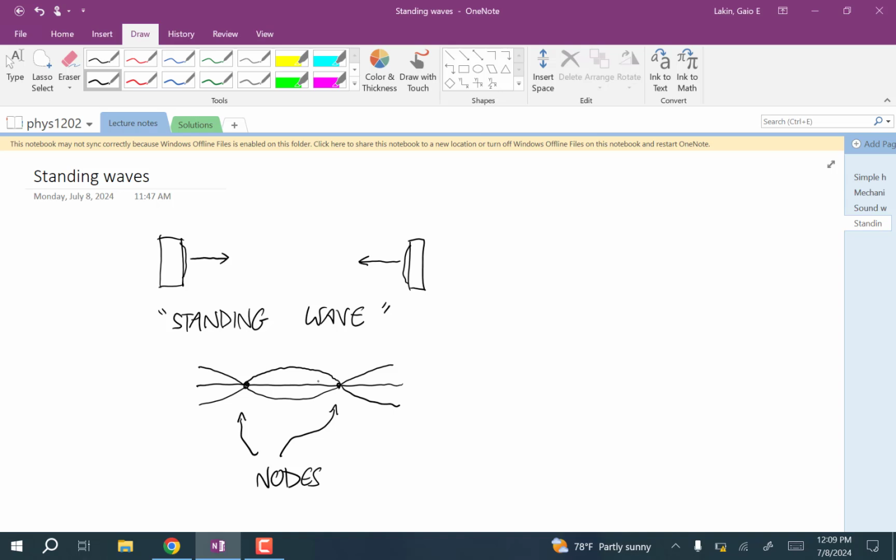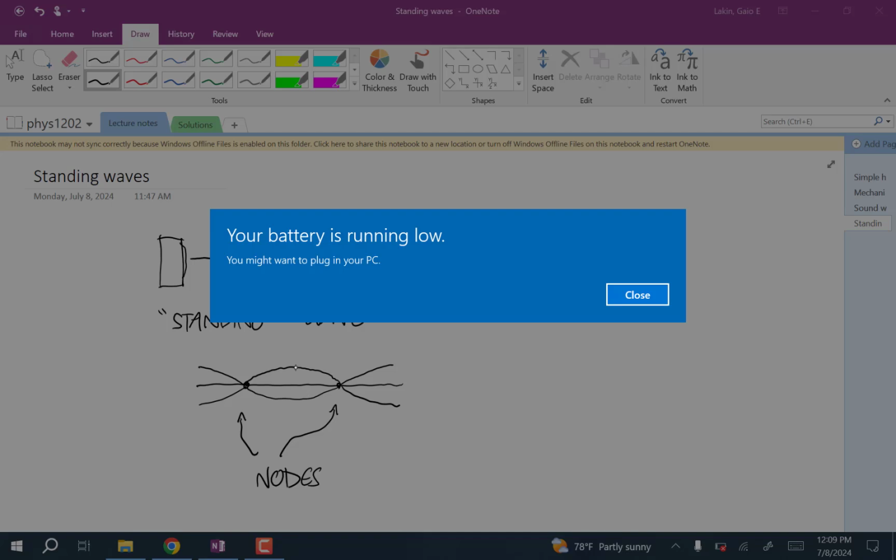And at every instant, at these two node positions, there's going to be zero displacement of air. If you actually put your ear at these points, you wouldn't hear anything. And so that's a property of a standing wave. At the points away from the nodes, you get oscillations.